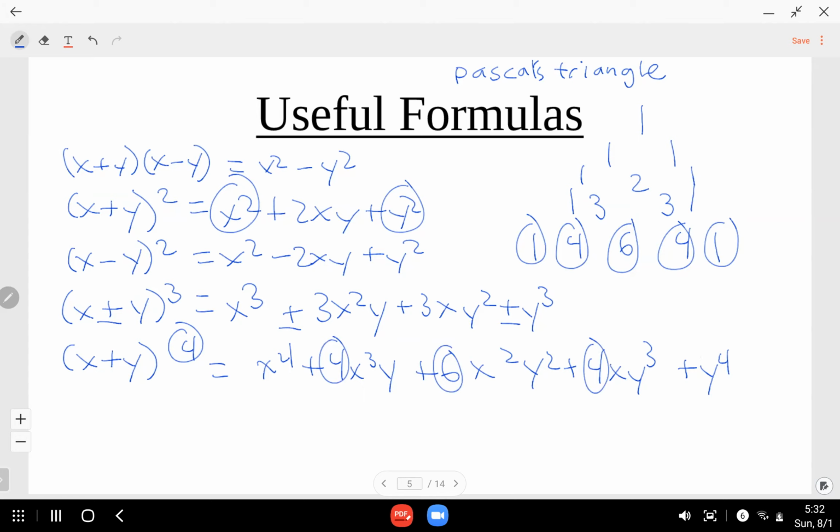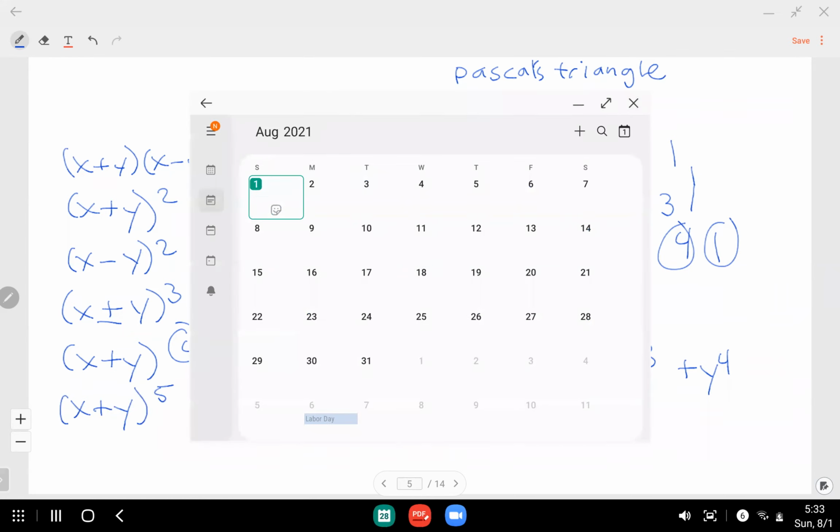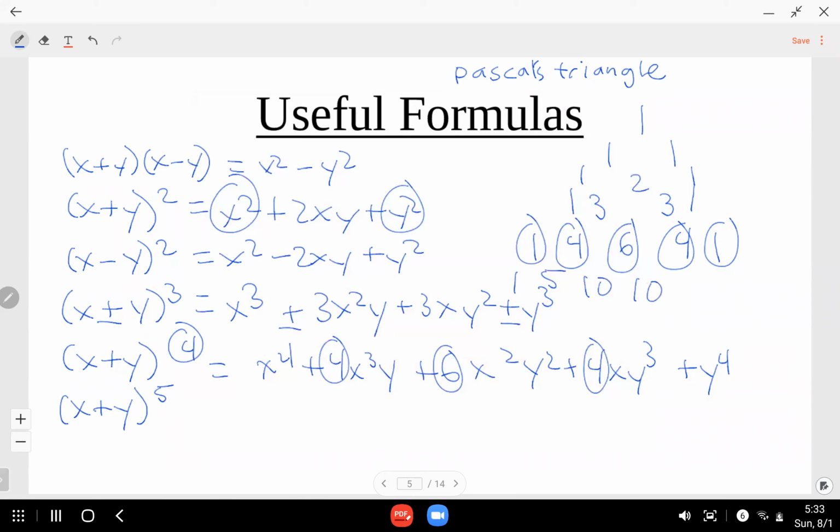So there's a pattern here. And if you need to find the fifth, you can just continue the triangle. Let's see what we have here: 10, 5, 1. That's what we get, I think so. I don't know.